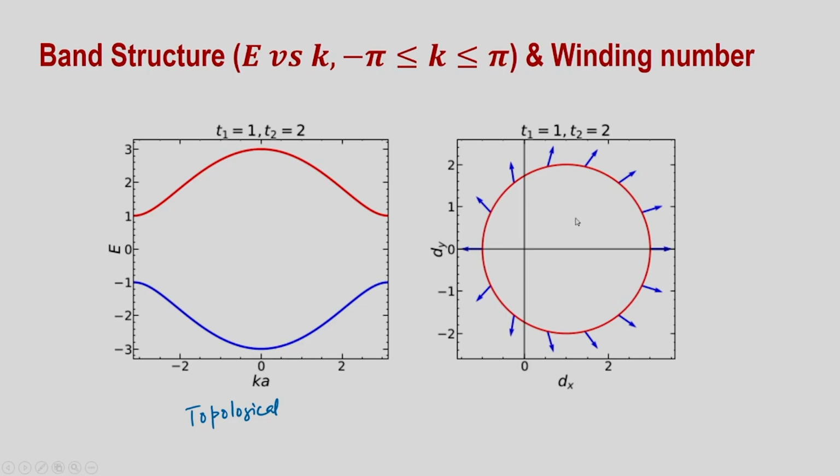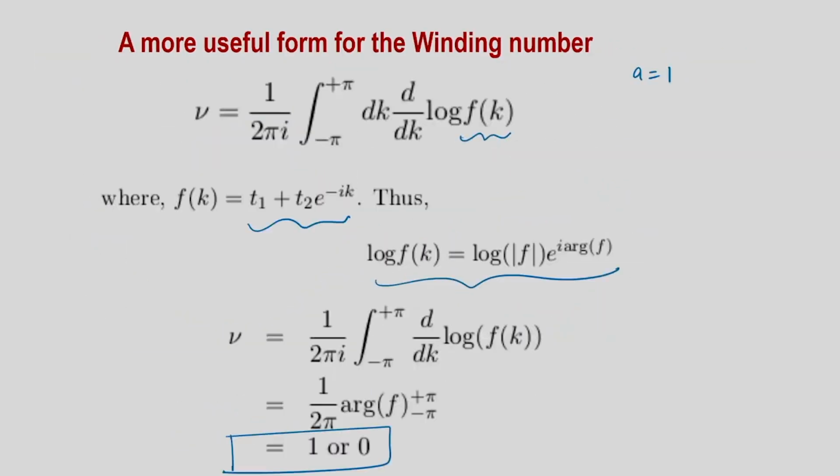They are different, but of course you see the dx-dy curve, which is a closed curve in the dx-dy plane as you change k from minus pi to plus pi, encloses the origin. And that is why the winding is equal to plus 1, or it is finite, and it is not 0. That is what is shown here, that the winding is 1 or 0.